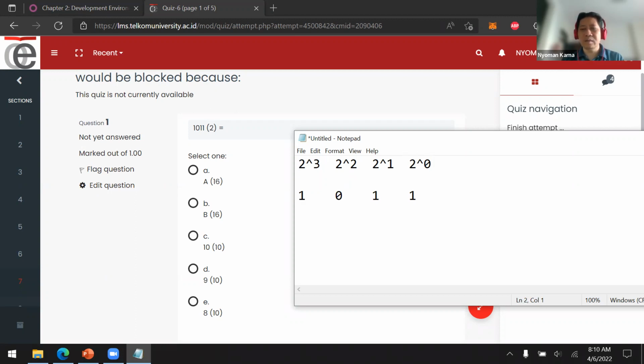So 2 power of 0 is 1, 2 power of 1 is 2, 2 power of 2 is 4, and 2 power of 3 is 8.